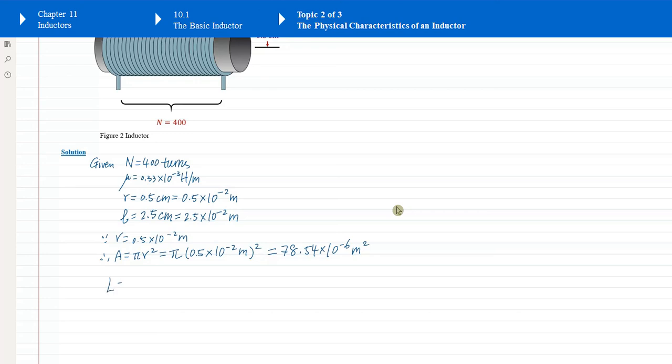Inductance L equals N squared times mu times the cross-sectional area divided by the length of the coil.